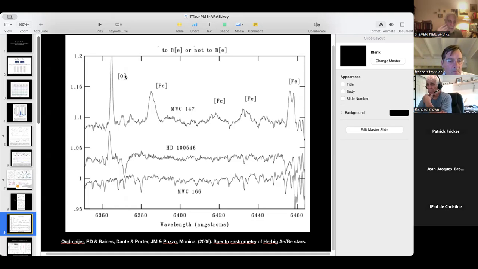And again, this should sound bloody familiar because we talked about this in discussing the environments of luminous blue variables. This is an indication that you have line broadening, you have disks, but you also have material of low enough density and high enough temperature that it's ionized, and you're also seeing forbidden lines.